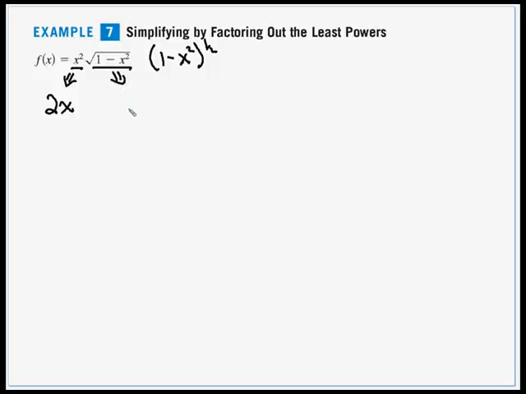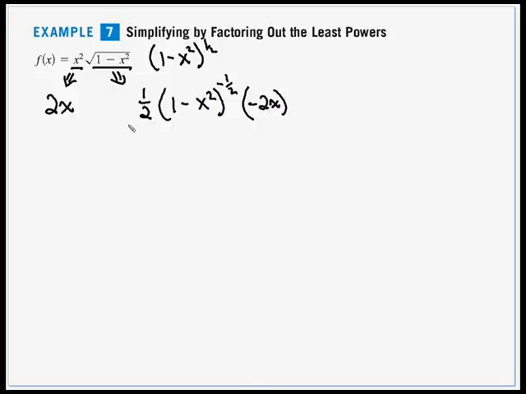When we take the derivative of that, it's going to be 1/2 times our same quantity, 1 minus x squared, but now to one power lower: 1/2 minus 1 is -1/2. Then we take our inner function's derivative. Our inner function is 1 minus x squared, and its derivative is -2x.